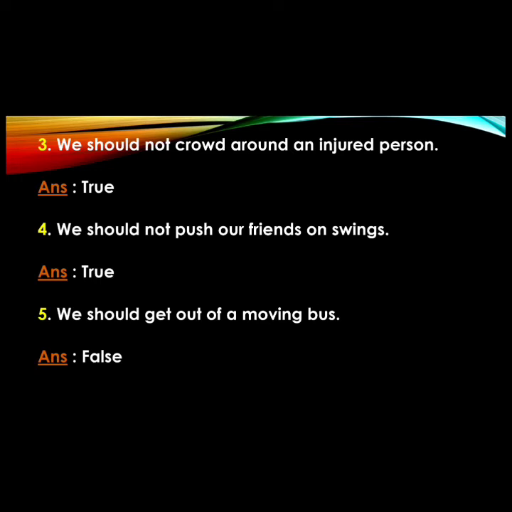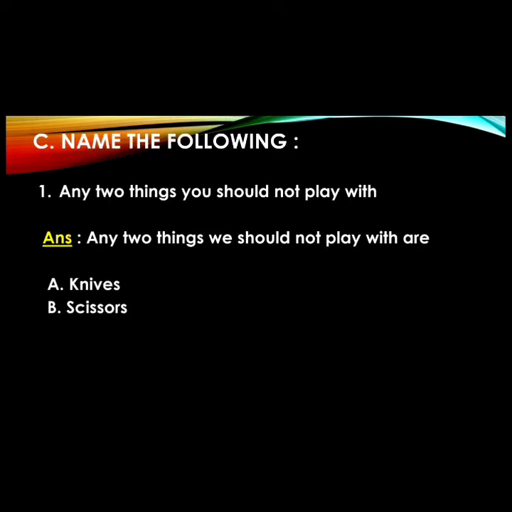Now let us move to question number C. The question is, name the following. Here you are given a total of 3 questions, right? The first one is: any 2 things you should not play with. You can write any 2 things. Here I have mentioned knives and scissors. You can write any other things also.